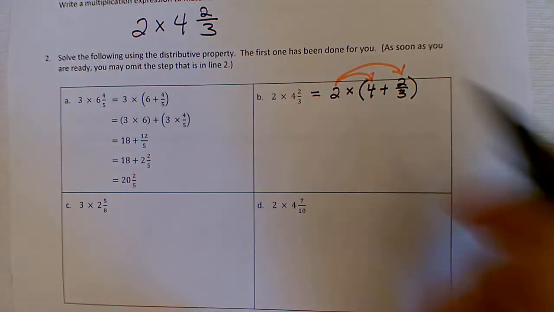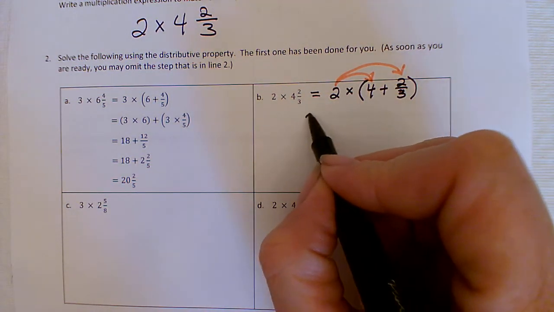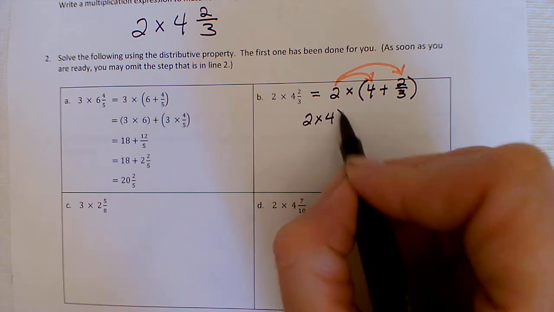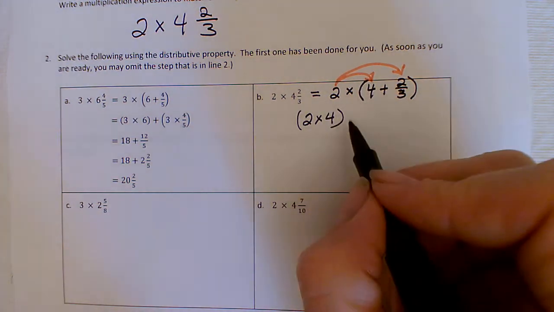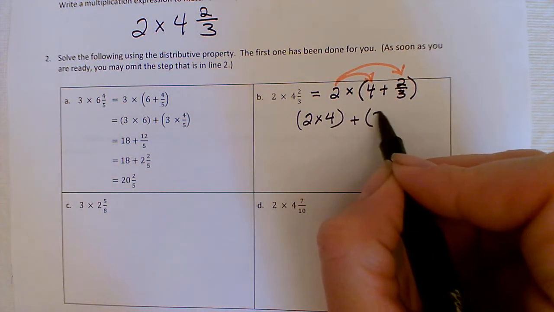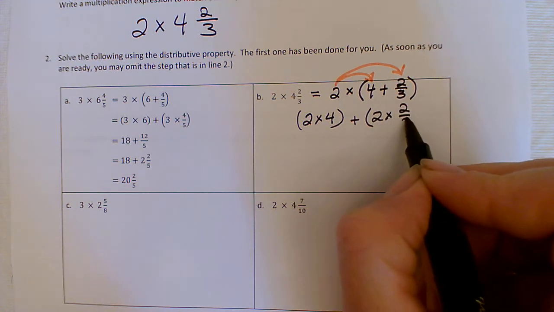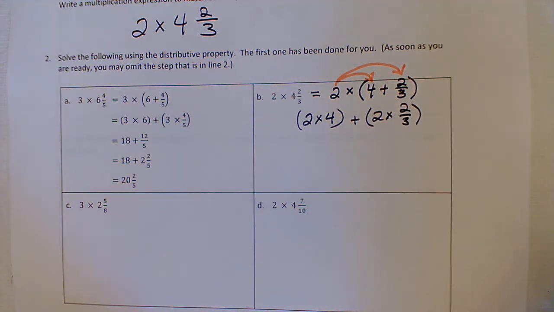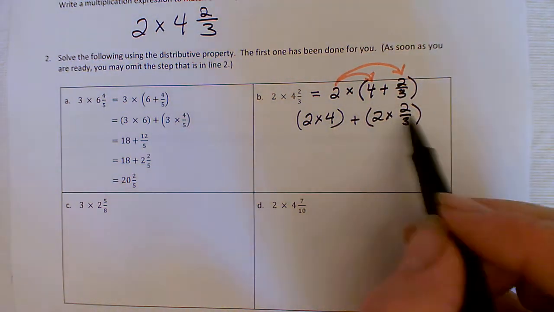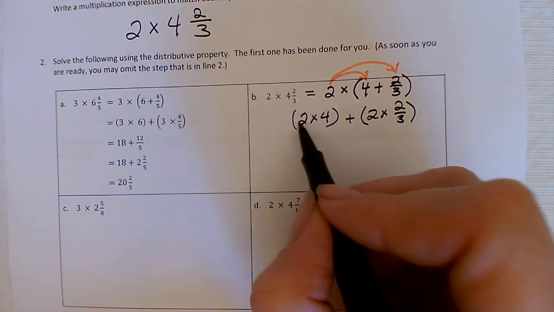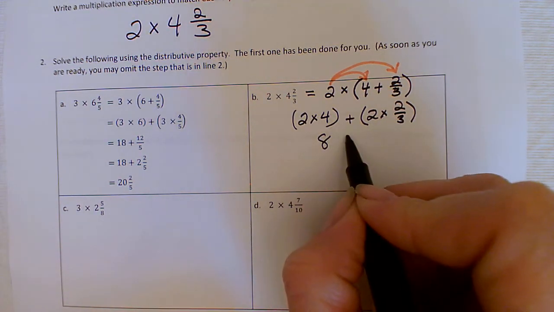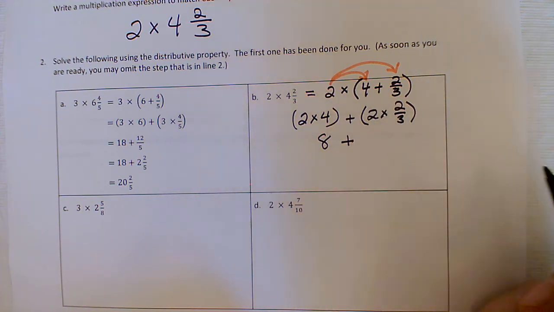I'm going to show that by doing 2 times 4, you have to put those in parentheses, plus 2 times 2/3. Now I'm going to do the multiplication. 2 times 4 is 8, plus, and then you can do this whichever way you want.